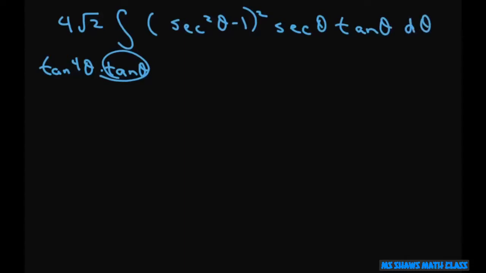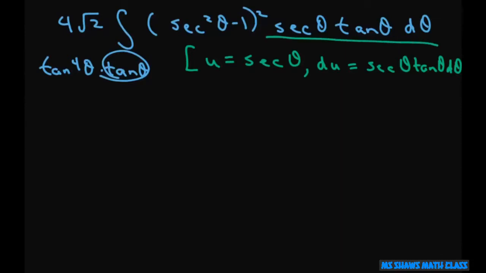Now the reason I did that is that I need to use u substitution, because I'm going to let u equal secant of theta. Therefore, the derivative du equals secant theta tan theta d theta right here. So now I can use u substitution.